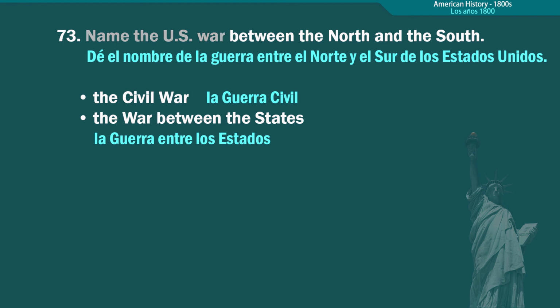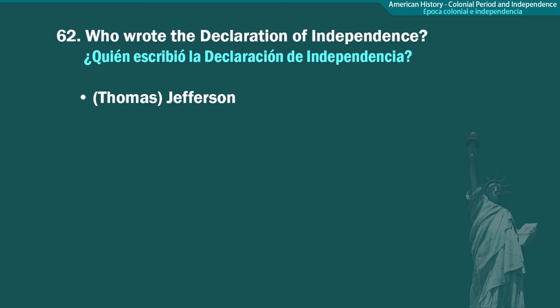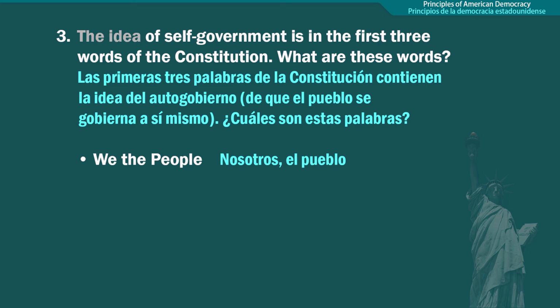Name the U.S. war between the North and the South. The Civil War. The war between the states. Who wrote the Declaration of Independence? Thomas Jefferson. The idea of self-government is in the first 3 words of the Constitution.